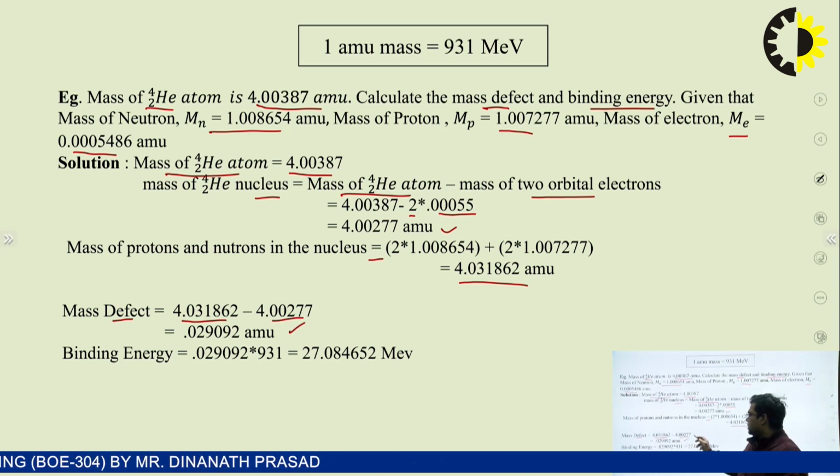This is the mass defect, represented as delta M.